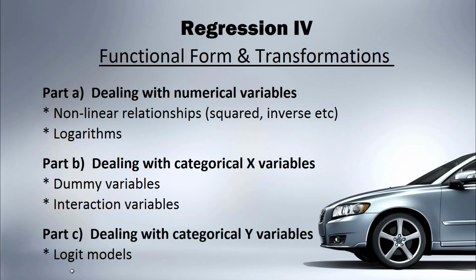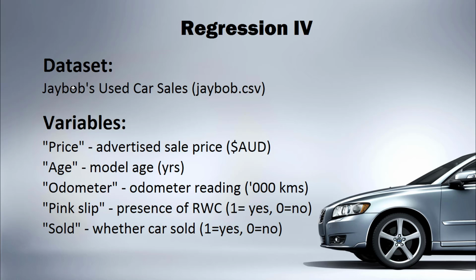Now, as I said, each of these 3 parts are going to be using the same data set. And I'll introduce that to you right now. It is Jaybob's used car sales, which is actually a data set I've created myself just so things work out quite nicely for illustrative purposes. You can download the dataset and play around with it yourself.